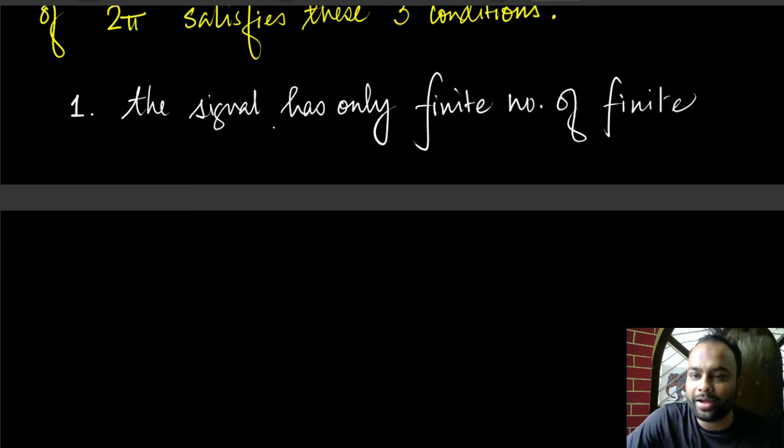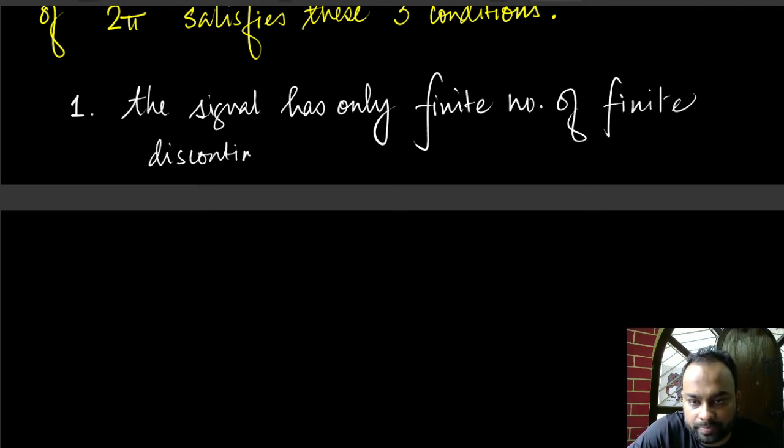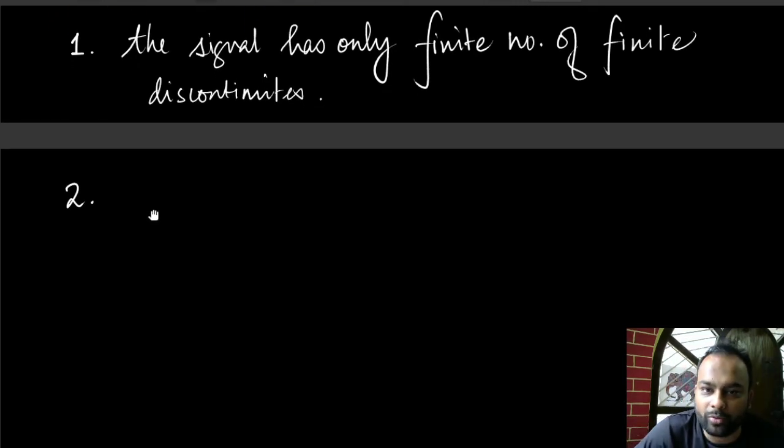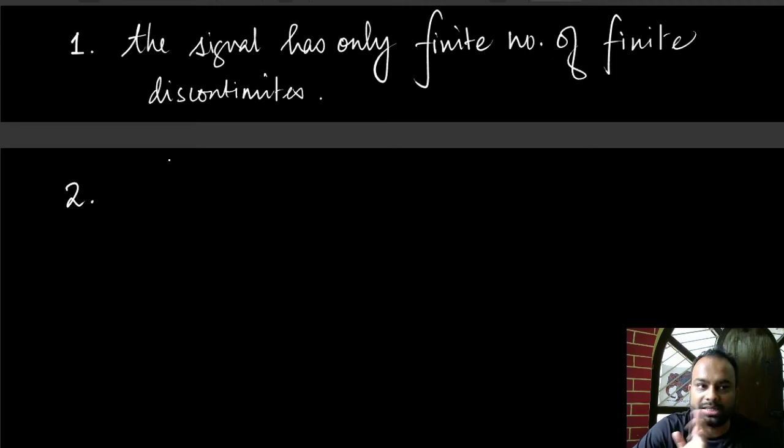So the signal only has a finite number of finite discontinuities. That's condition number 1. We shall later on discuss what the meaning of that is. Actually, to be frank with you, I wanted to study mathematics, and no one let me do that anyway, so don't worry. So the signal has only a finite number of finite discontinuities. This is one of the conditions that the signal must satisfy.